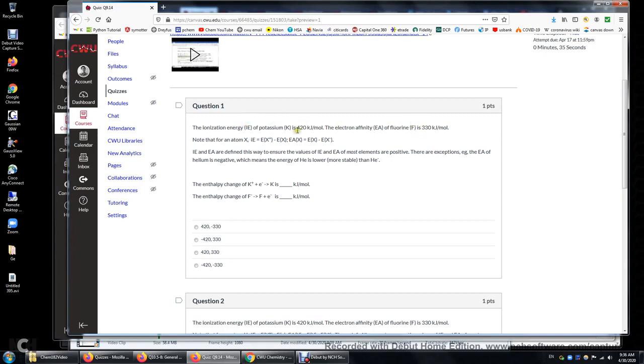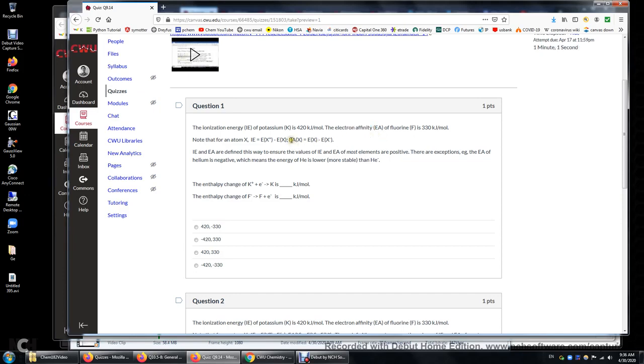Over here, it takes 420 kilojoule per mole of energy to remove an electron from potassium. And then if you add an electron to a fluorine atom, it will release 330 kilojoule per mole of energy. So that part is correct in the book. It's just the definition of electron affinity that is wrong in the book.